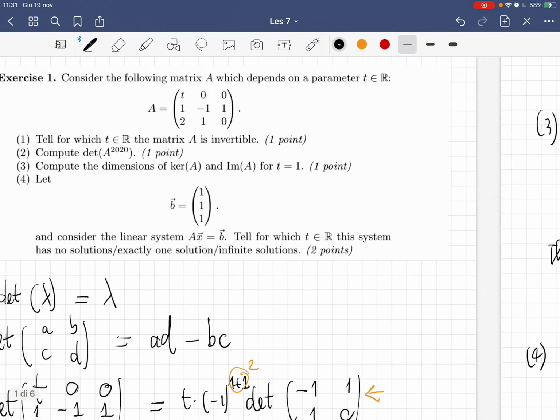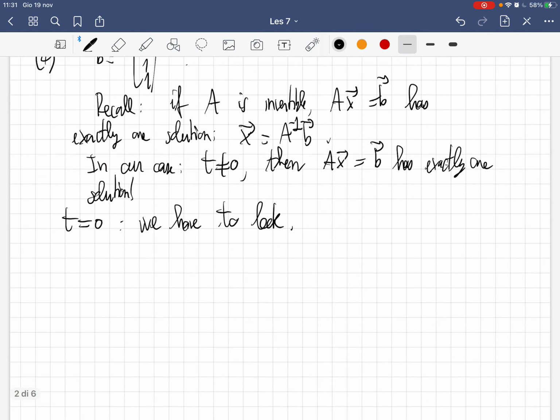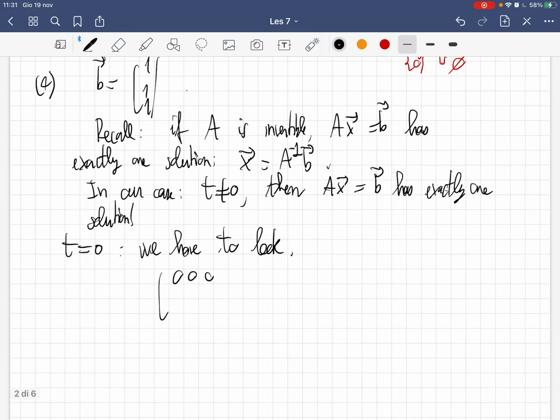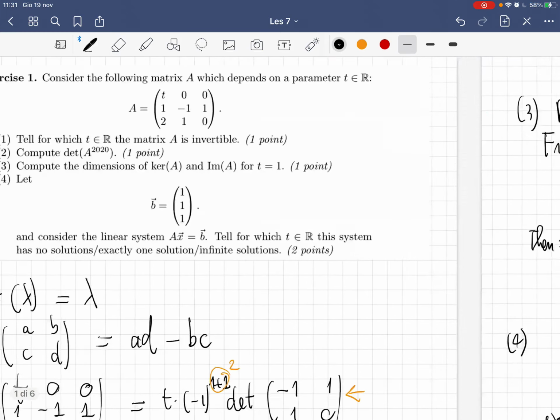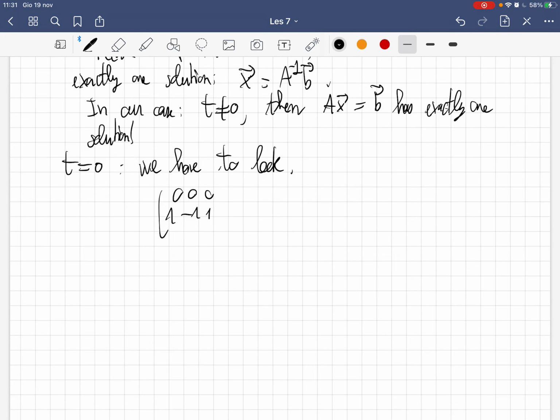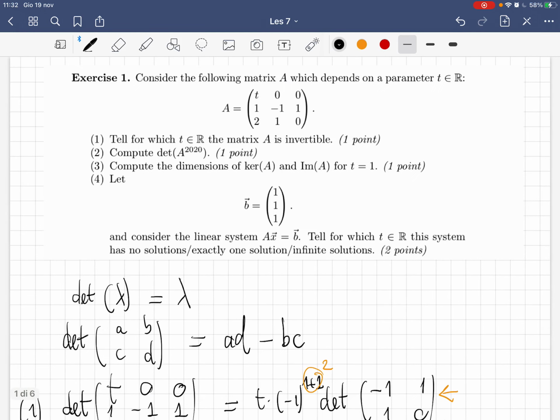But here it's kind of easy, because if you take t equal to 0, then you have this system, 0, 0, 0, 1, 1, minus 1, 1, and 2, 1, 0, I think, and you want this equal to 1, 1, 1, fine.